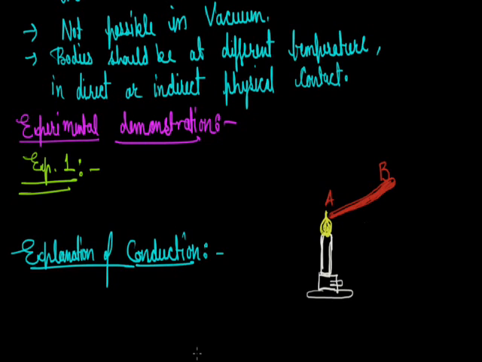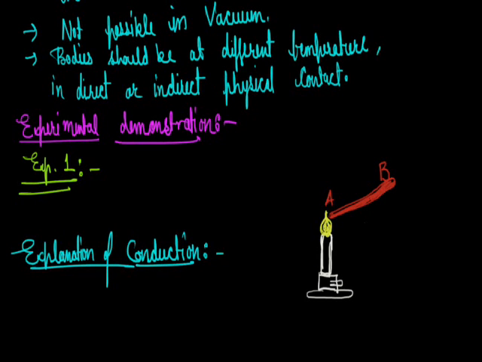These atoms on gaining heat energy now begin to vibrate with a large amplitude and set the other neighboring atoms in vibration by transferring a part of energy to them. This process continues till the entire arrangement of atoms begins to vibrate. Thus, heat is transferred from the hot end to the cold end. In this process, the atoms of medium do not leave their position, but they transfer heat energy through their vibration.